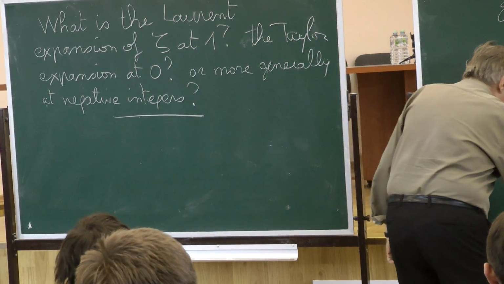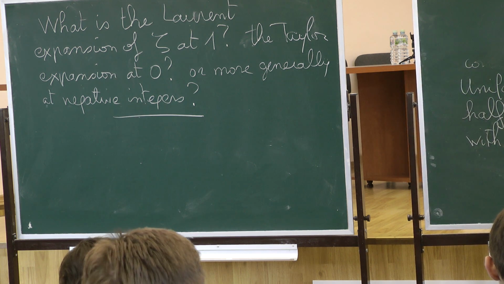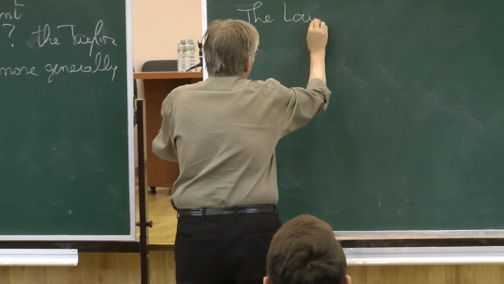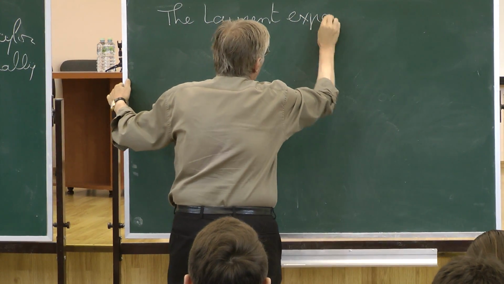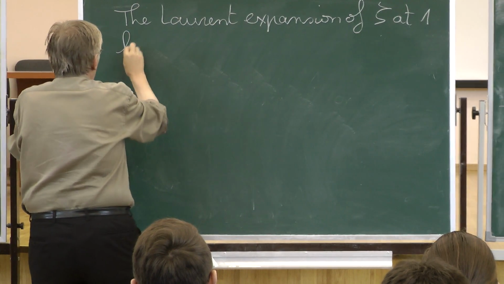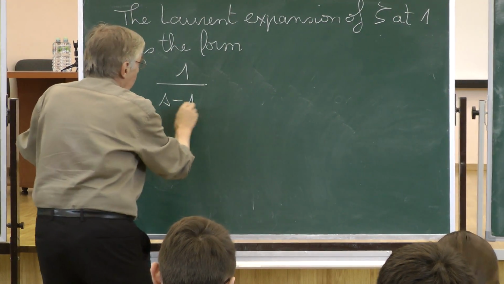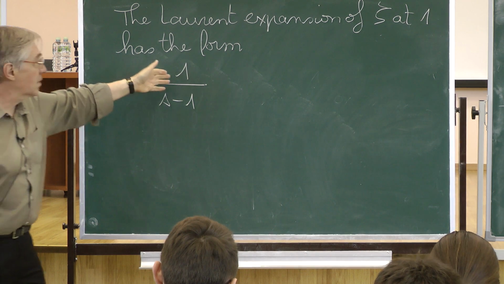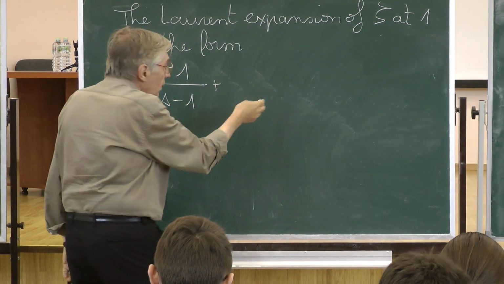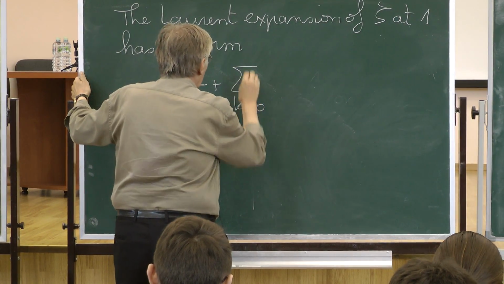And so in fact we can first give a definition. So the Laurent expansion of zeta at 1 has the form: there is 1 over s minus 1, because we know in fact that we have a pole with residue 1, that is exactly the singularity that we have at 1, and then what remains is a holomorphic function, so I can write down the sum for k going from 0 to infinity.